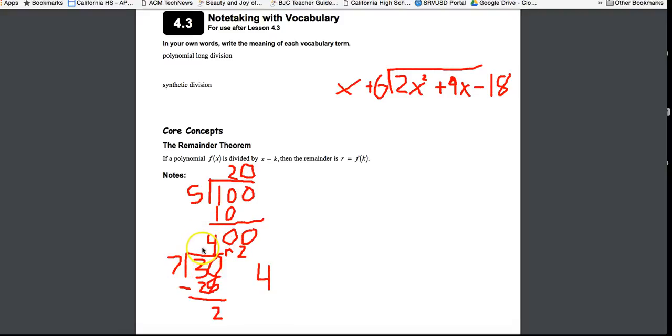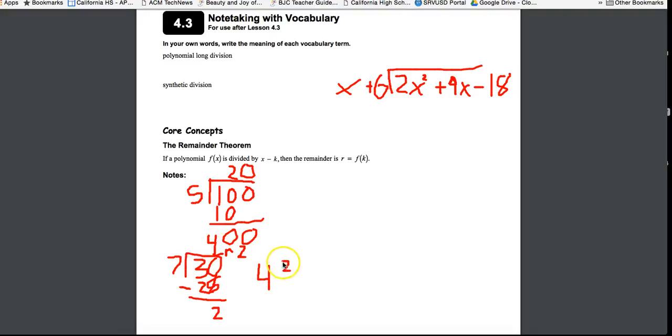Now, when you have a remainder, what that means is you take 4, the number of times 7 goes into 30, and you write the remainder as a fraction over the divisor. This is the divisor, the number you are trying to divide by. The dividend is the number that goes under the divide symbol.